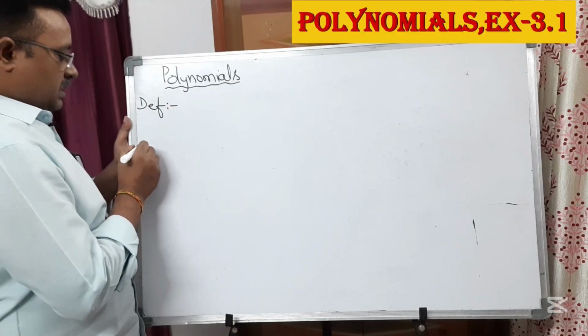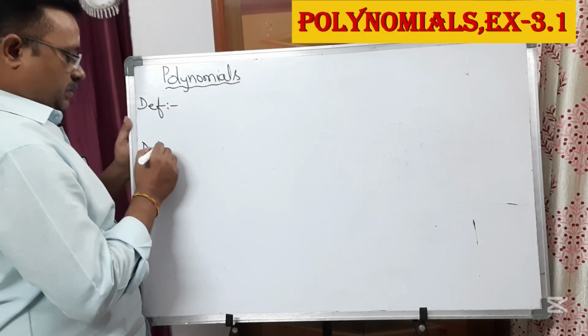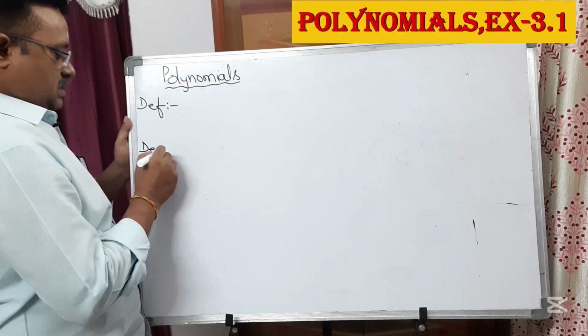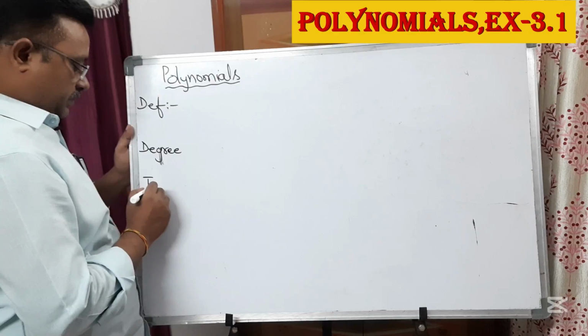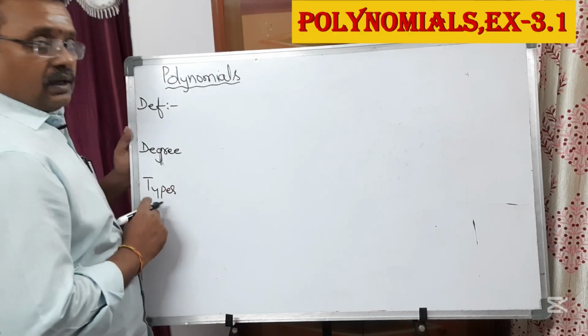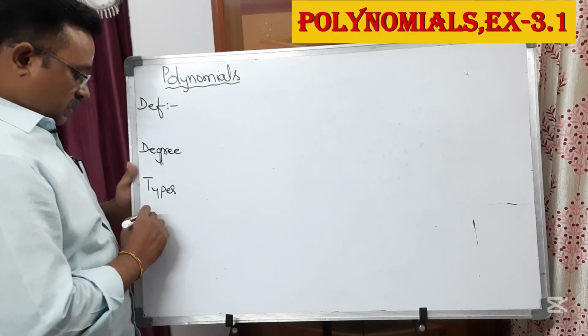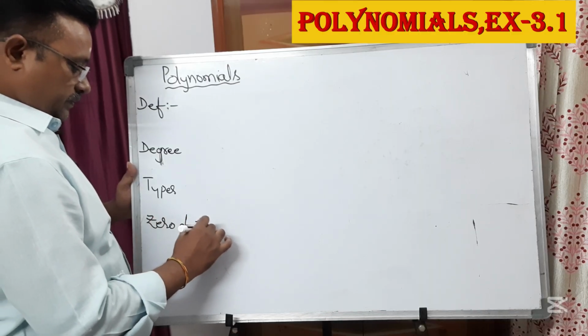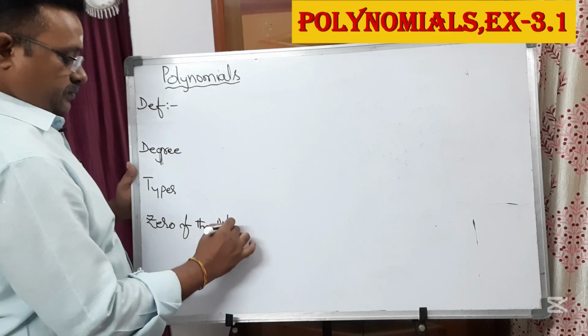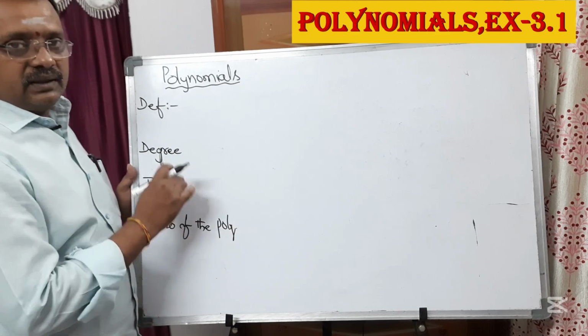Next, the degree of the polynomial. Next, types of polynomials. Then, zero of the polynomial. Like that we will discuss.